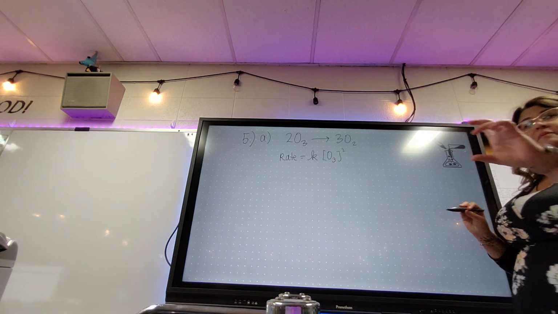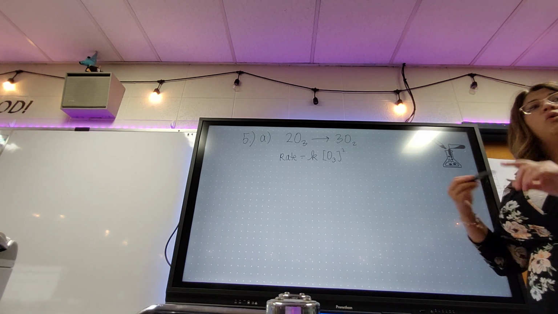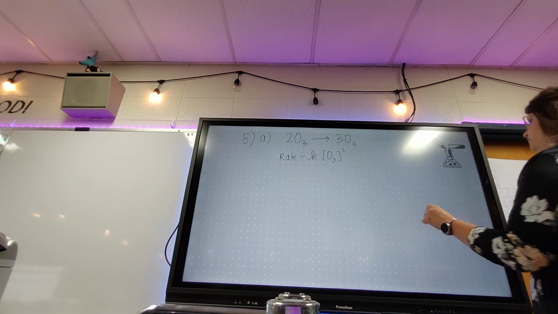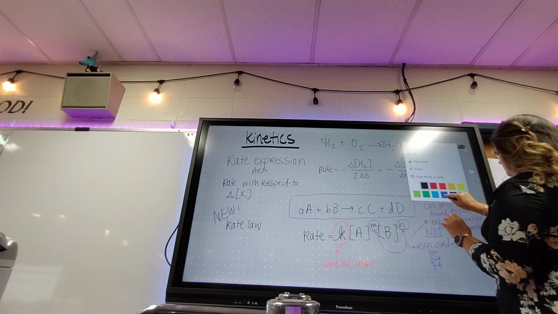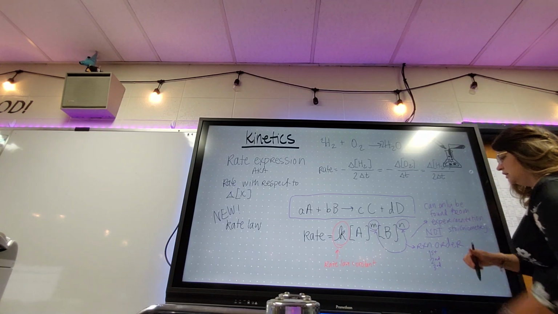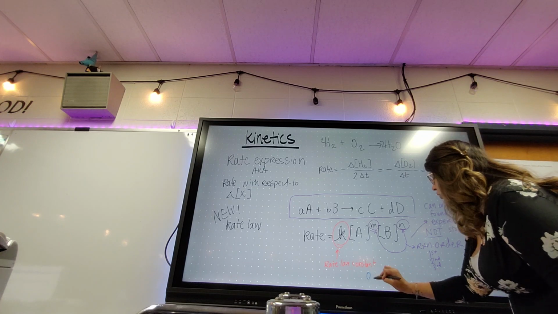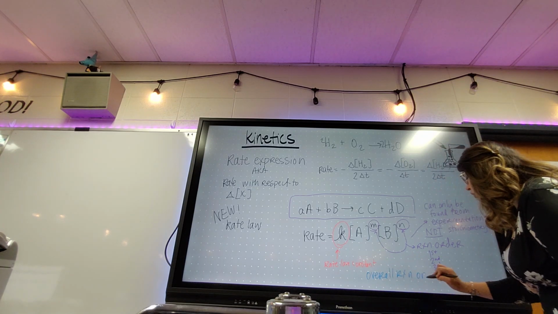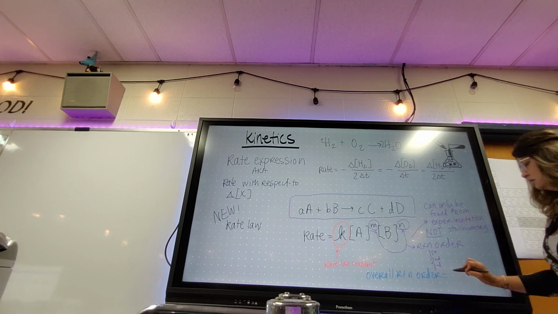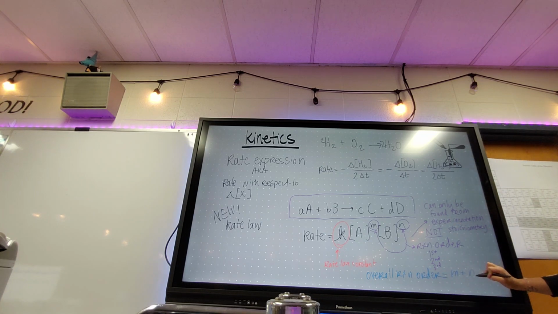Okay, but then your problem asks you for something else. What is the overall reaction order? So I'm going to go back over here. We'll try the blue. In order to find the overall reaction order, you are going to simply add up those numbers that are the exponent.